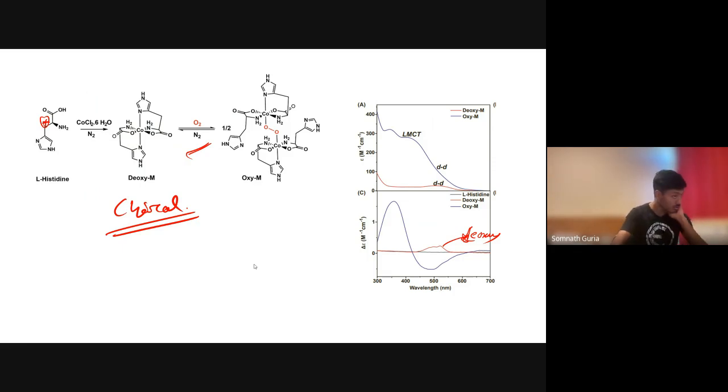But whenever you expose this complex to aerial oxygen, you can easily distinguish it, because the solution changes to a different color. In the UV spectra, the d-d transition is in nearly the same region, but there is an LMCT where the oxygen bonds with the cobalt complex.